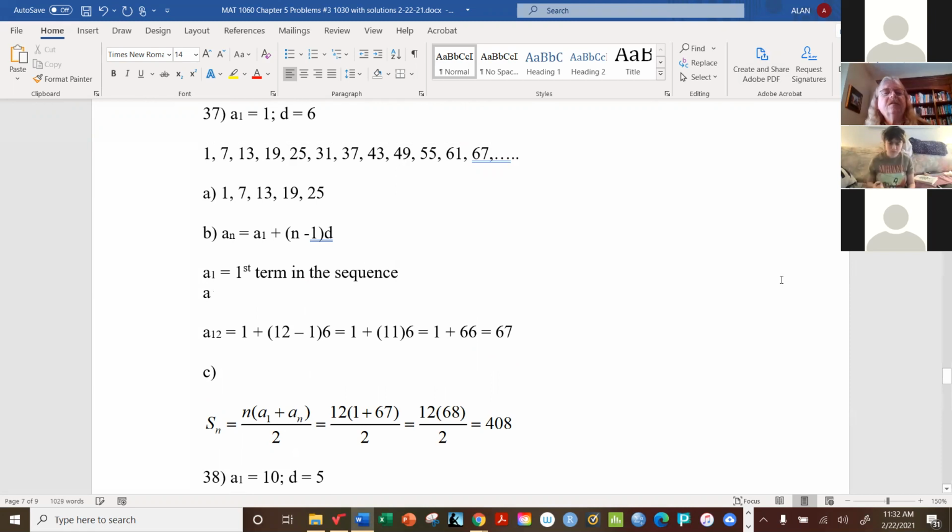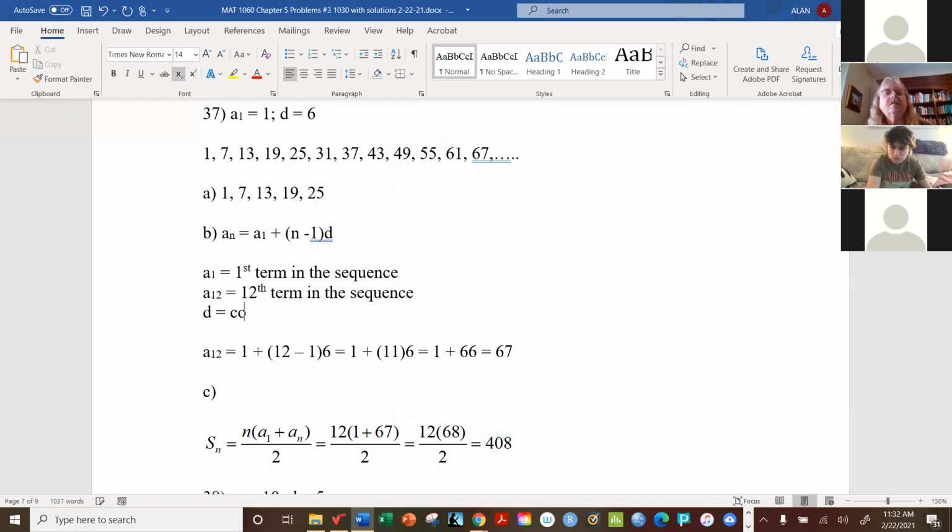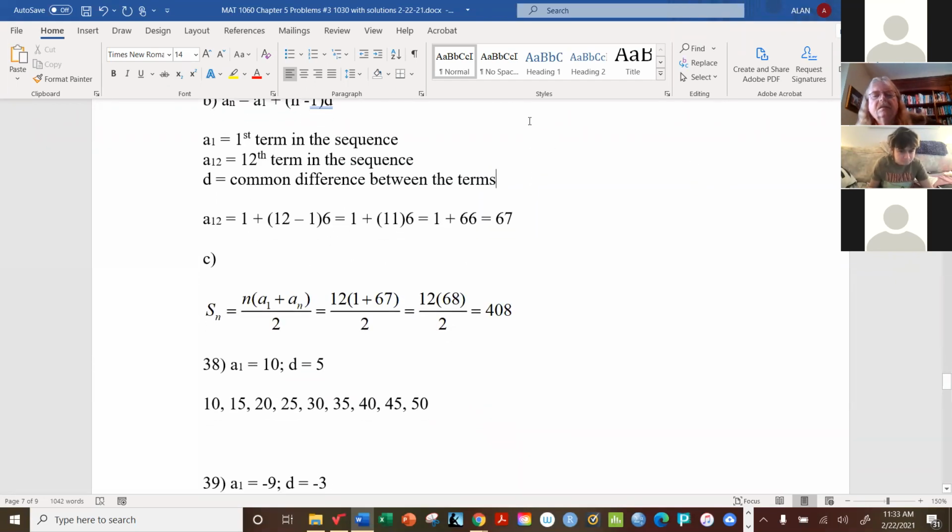Okay, so A12 is the 12th term, and D is the common difference between the terms. In other words, in this case, they're all separated by 6. Each time to go from one term to the next, we add 6.